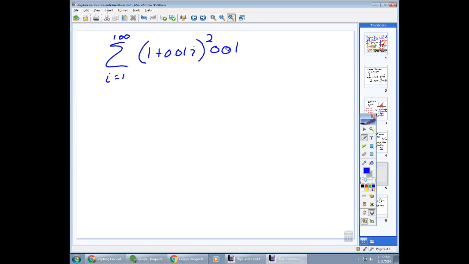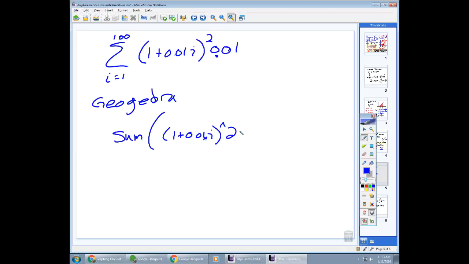In Geogebra, and I think Desmos is pretty similar, I type sum, and then my function times I squared times 0.01, comma, and it wants to know what my variable is, it's I, where do I start and where do I end?